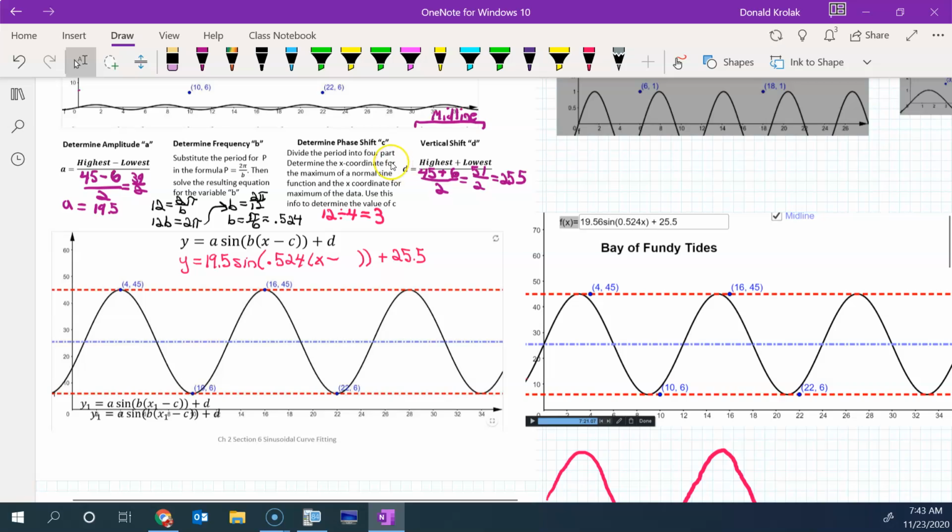So a normal sine curve would have its first max at 3, then 6, then the minimum would be at 9, and then back to the regular at 12. So its first max is at 3. That's this graph over here. This graph hasn't been shifted yet.